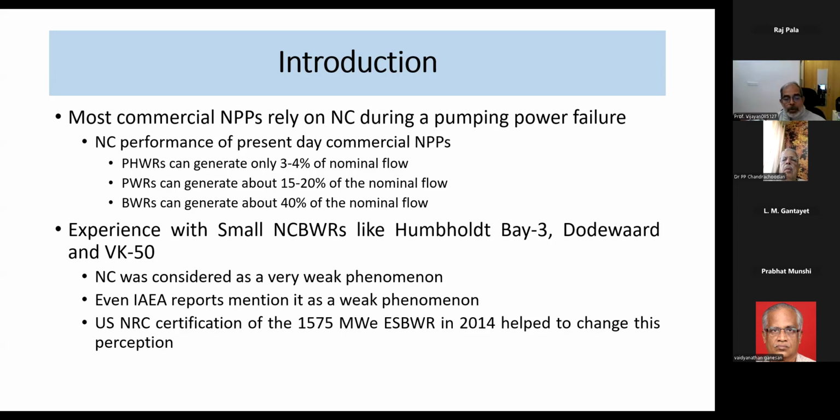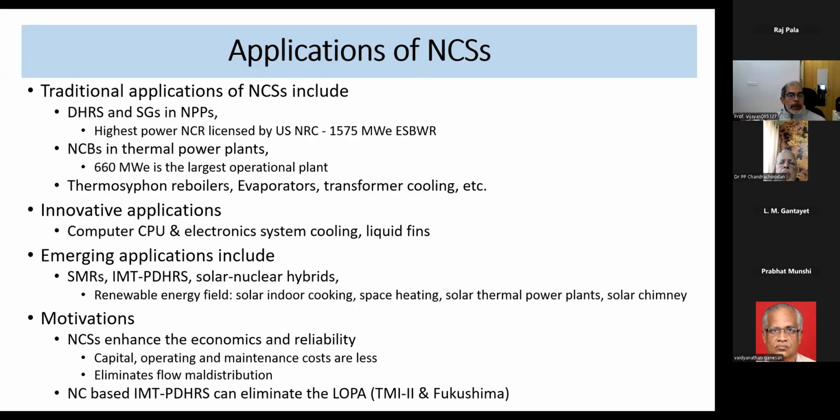But in 2014, the US NRC certified the ESBWR, which is 1575 megawatt electric. At that time, that was the highest power reactor to be licensed by a regulatory authority. And this actually changed the perception. Today, nobody talks about natural circulation being a weak phenomenon.